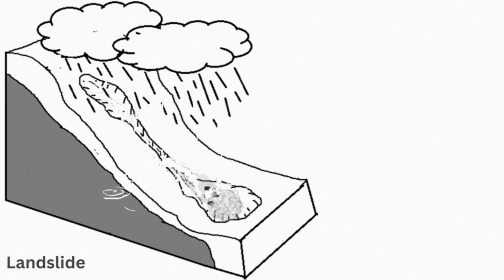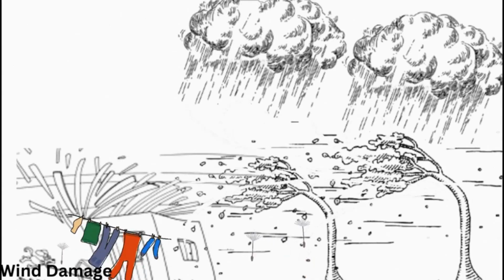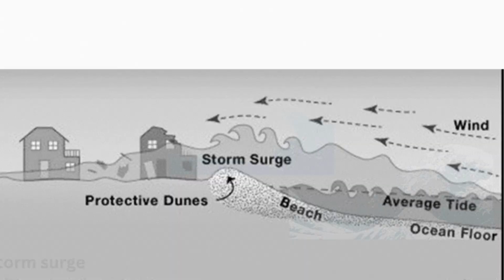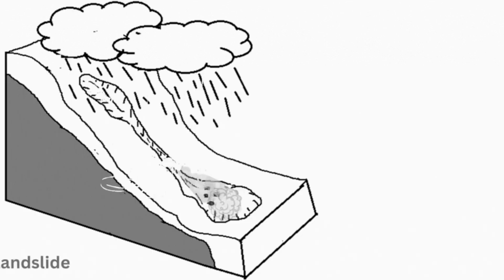Now, hurricanes involve low pressure, strong winds, lightning and thunder, as well as heavy rains. These elements individually or in combination can result in a number of natural disasters.